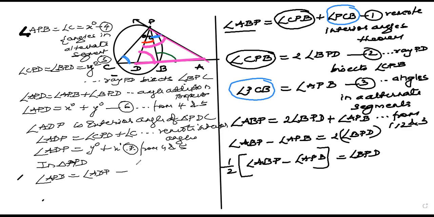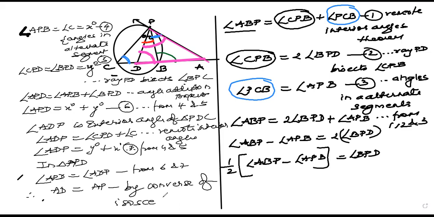Can I say from 6 and 7, both are X plus Y? Therefore, what do I get, children? AD is equal to AP by the converse of the isosceles triangle theorem. I'm so sorry, children, I had to rub off this question, but I'm sure you'll be able to understand this sum. Not a difficult sum at all, children. You can do it. If you concentrate, you'll get it.